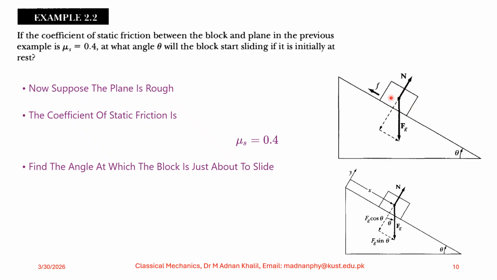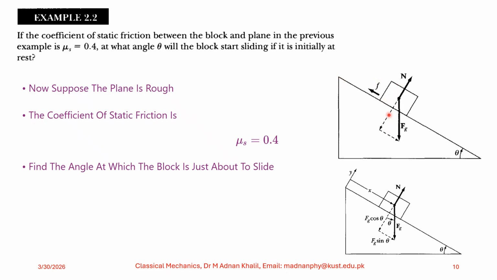The block has mass m, and theta needs to be found, but now we have a force, F, which opposes the motion. So we want to calculate the value of theta at equilibrium.